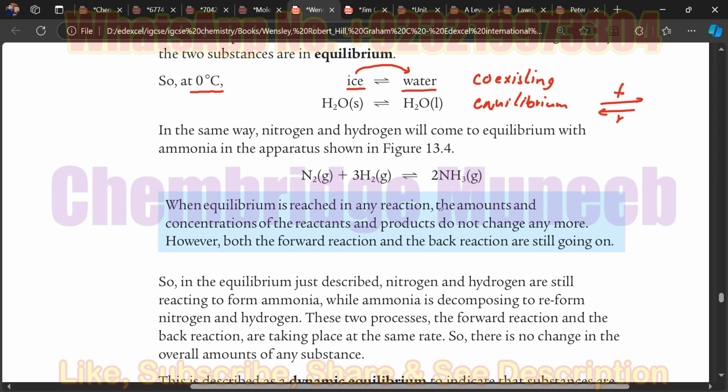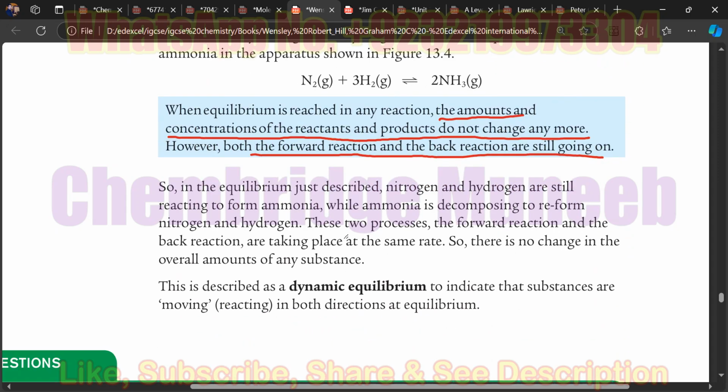It is that the amounts of the reactants and the products do not change anymore, which means whatsoever amount of the water has been formed, it will remain the same, and whatsoever amount of the ice has been formed, it will remain the same. They will not change, but the forward and backward directions will still go on, they will not stop. Is that clear? Yes.